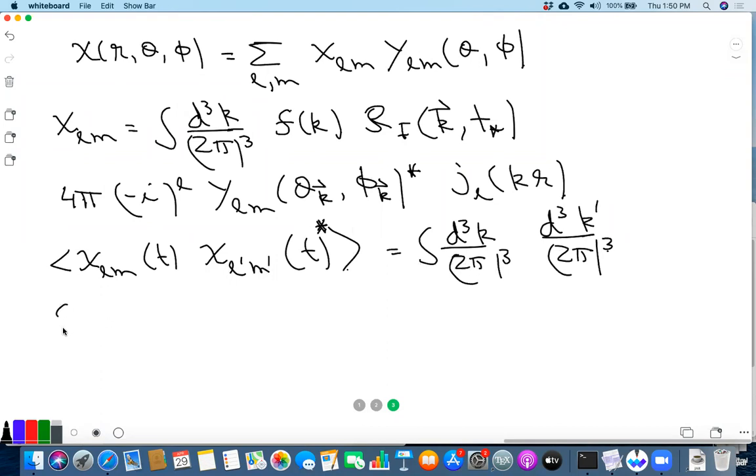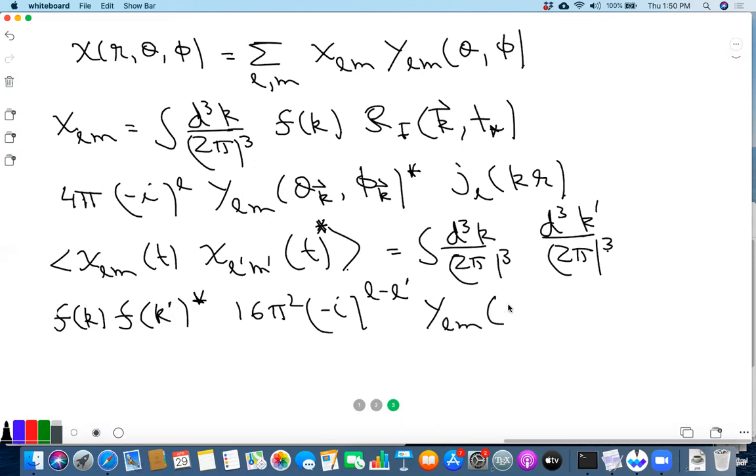Then we have fk, sorry, fk phi prime star. It's not mod square yet. fk prime star. Of course there is t dependence here in general. Then you have 16 pi square, minus I to the power L minus L prime, YLM theta k phi k, YL prime M prime theta k prime phi k prime star.